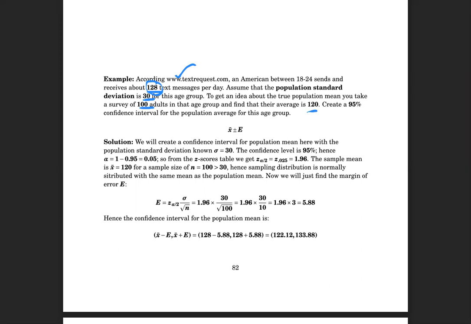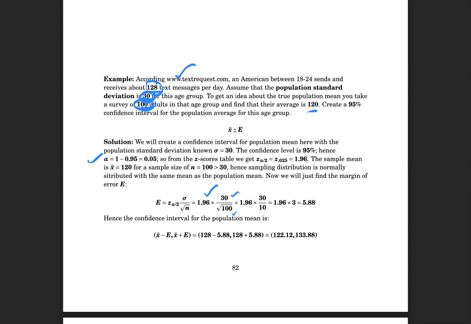It's pretty much the same thing. I go over this, everything. There is no point of killing the cat too many times. It's 95% confidence. So your Z sub alpha over 2 is 1.96 and sigma is 30, which is this. And you surveyed 100 people right here. That goes here.